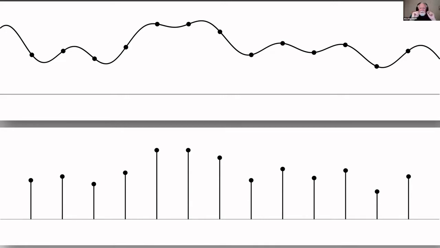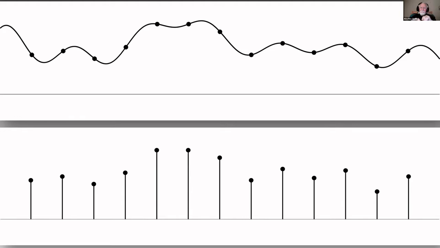Let me say that again. If you sample sufficiently often, and I'll describe that in a minute, then you can throw away the infinity of points in the signal between each pair of samples. And we call these dot samples, of course. And the rest of that statement is, and not lose anything.